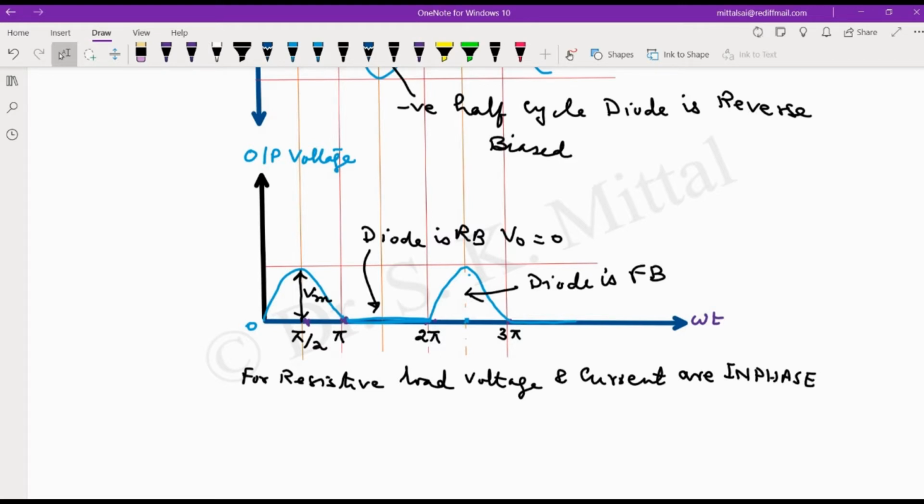Means the output voltage waveform and the output current waveform are similar.